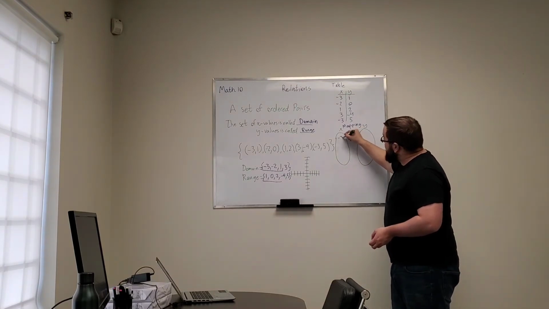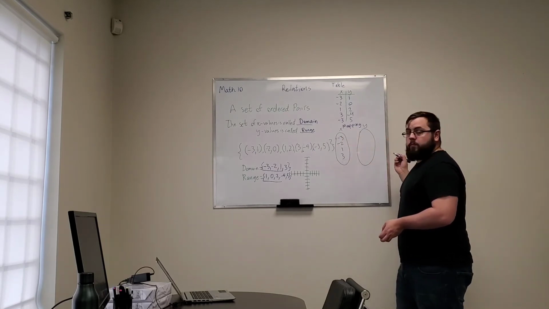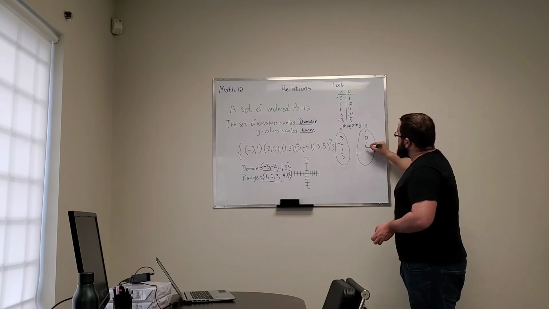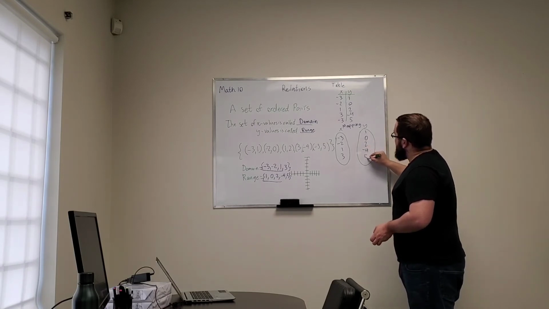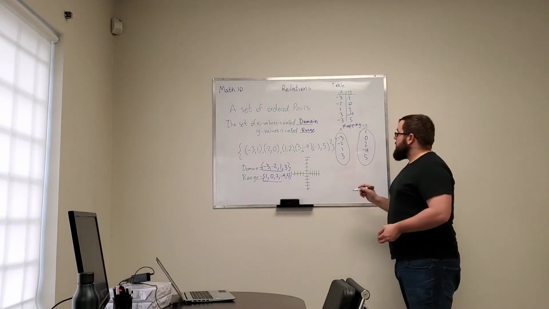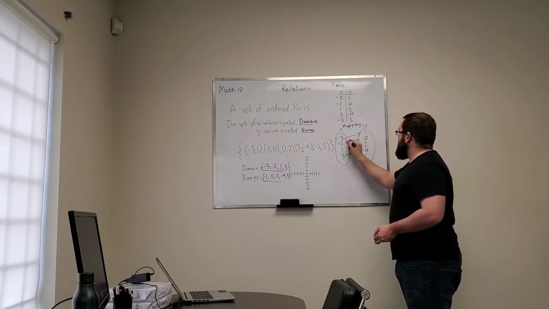So -3, -2, 1, and 3. And then in y, I'm going to put down 1, 0, 2, -4, and 5. And then to show the mapping part of it, I'm going to put the arrows. And then one arrow goes down here.